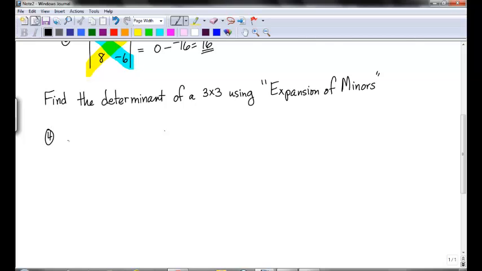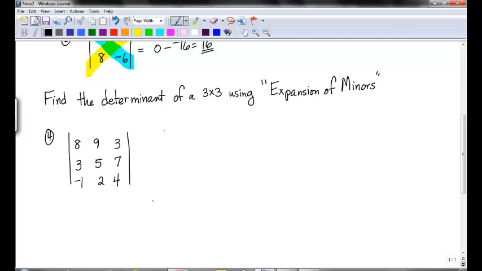Okay, this is a 3 by 3. First row across is 8, 9, 3. Second row across is 3, 5, 7. Third row across is -1, 2, 4.